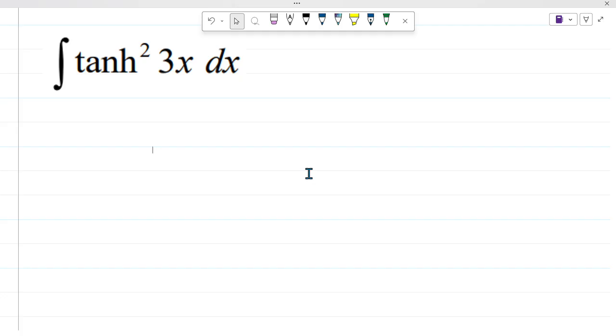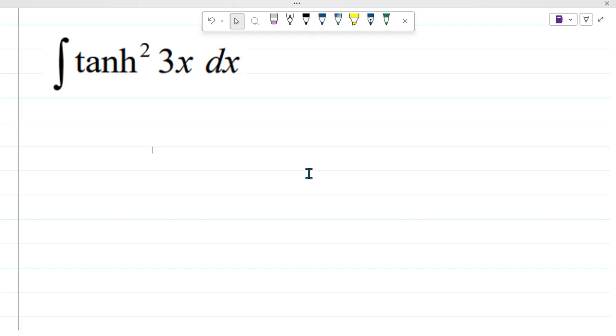So that means we're trying to simplify this thing. We know that hyperbolic tan squared is equivalent to what, when it comes to the square identities of hyperbolic functions?